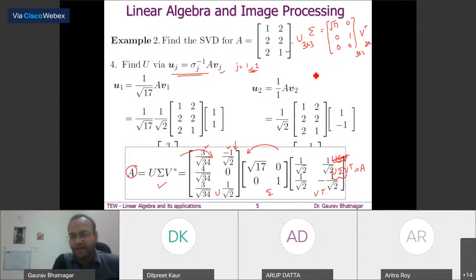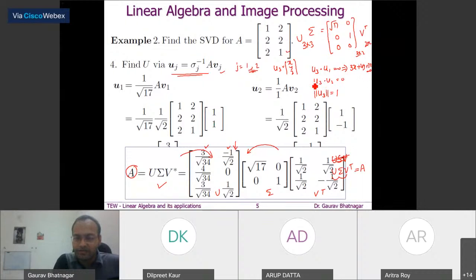You can always find a vector U3 such that U3 dot U1 is equal to 0, U3 dot U2 is equal to 0, and the norm of U3 is going to be 1. So now you can assume U3 is going to be X, Y, and Z. Then you will get one equation, which is 3X plus 4Y plus 3Z is equal to 0.